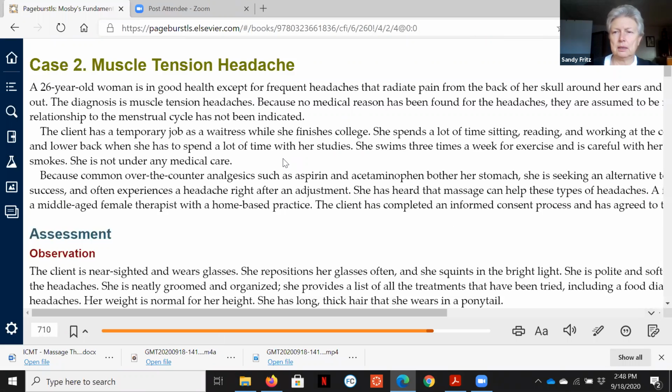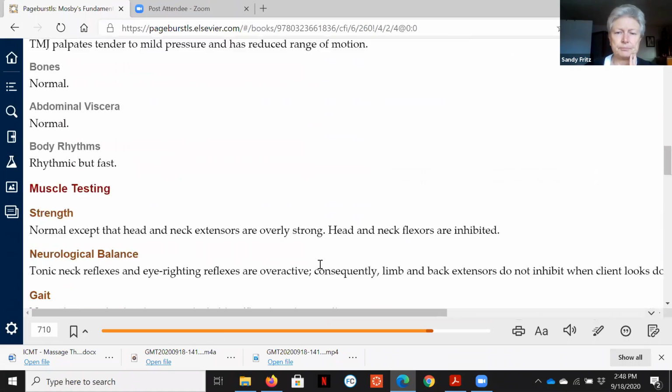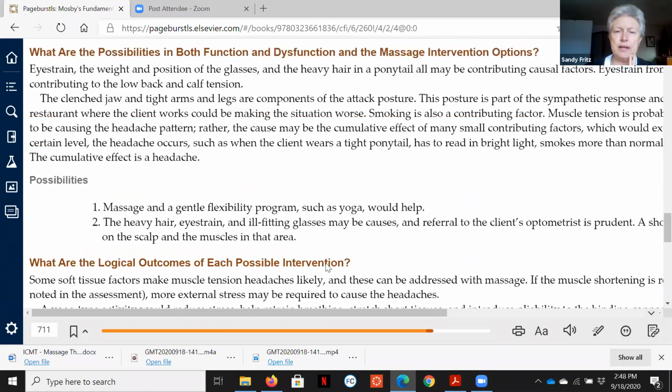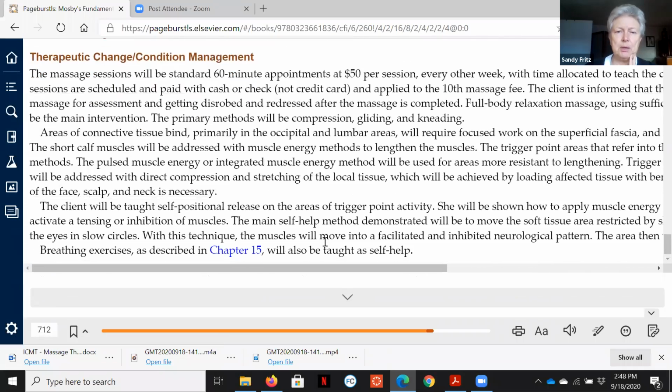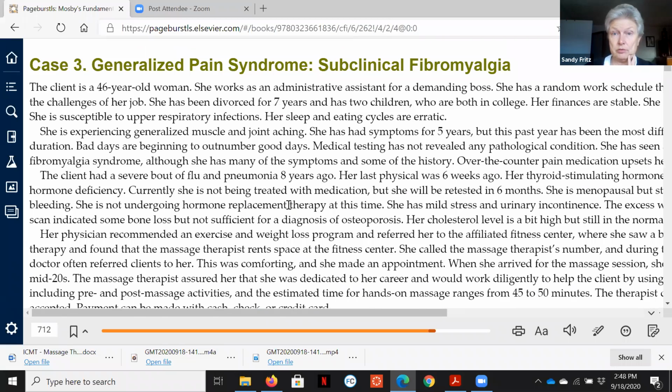And then we do it again with the muscle tension headache and all of the rest of the 20 that fall through here. And there are infinite variations in here, and some of them will also include literature research.